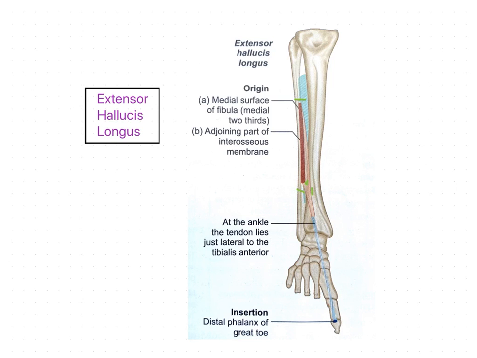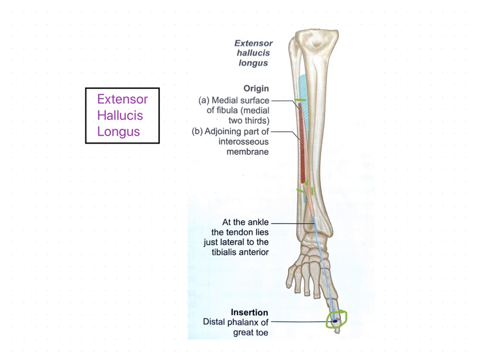So just lateral to the tibialis anterior tendon, and it is getting inserted into the distal phalanx of the great toe, that is, the base of the distal phalanx of the big toe. On which surface? Dorsal surface. This is the origin and insertion.